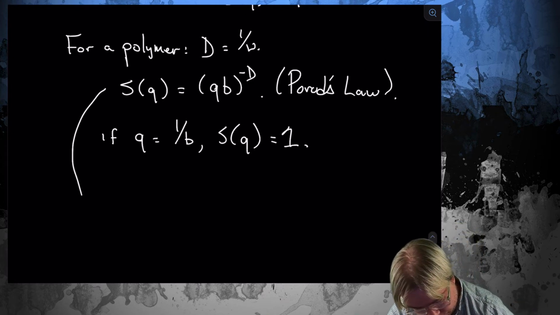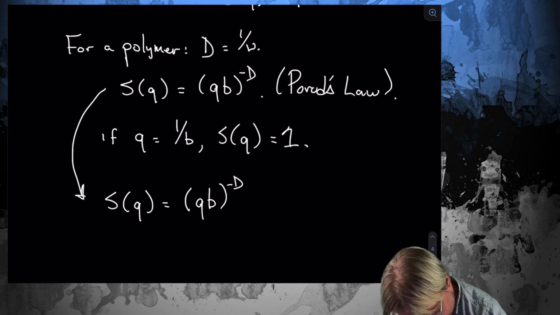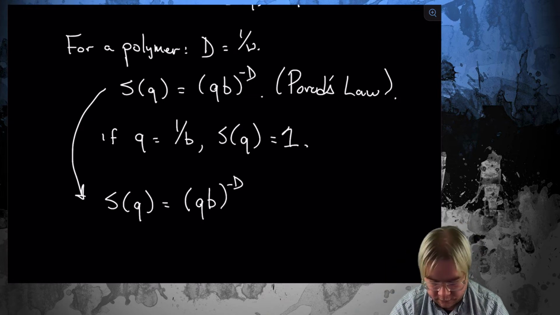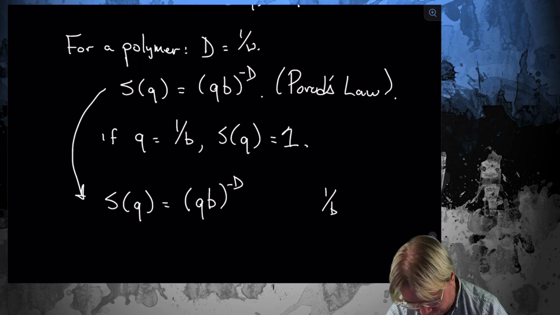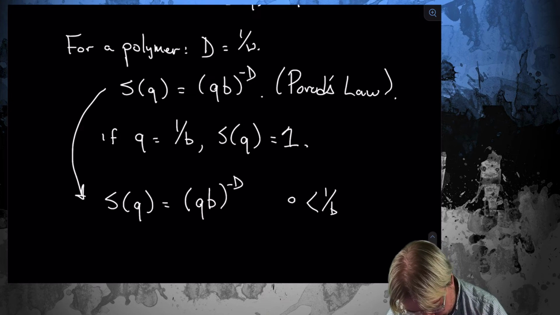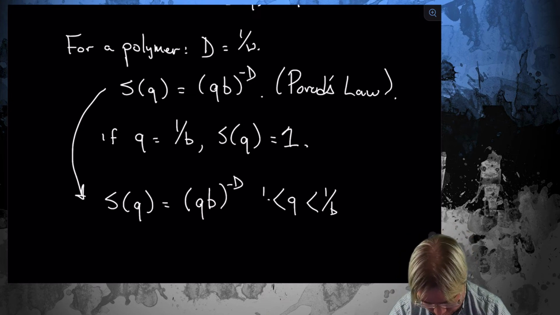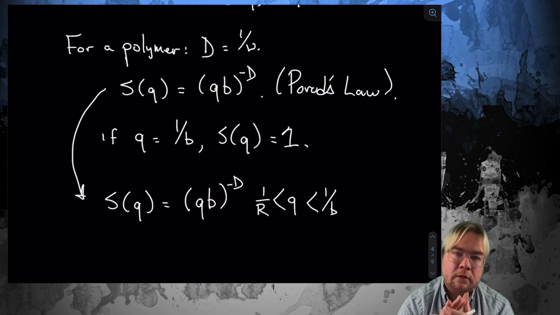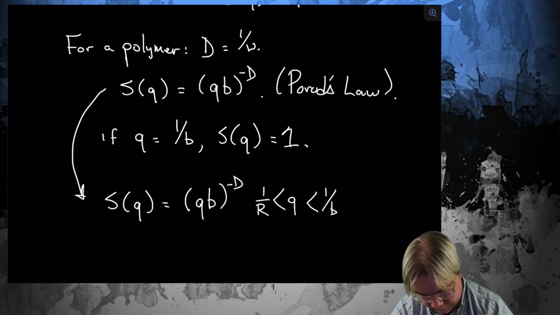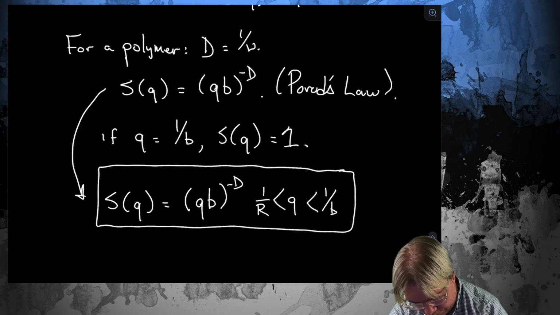So in other words, S of Q is equal to (QB) to the minus D power for 1 over B less than Q less than 1 over R. All right, so this is the region in which this is valid.